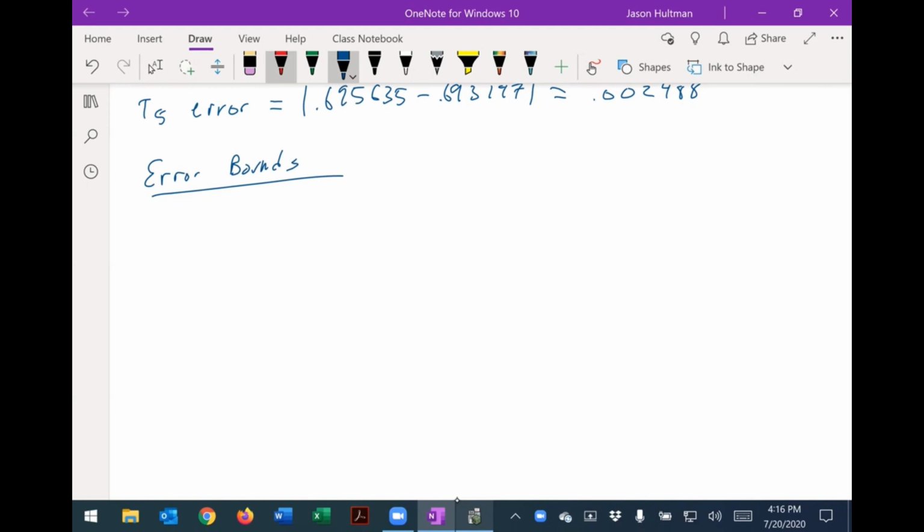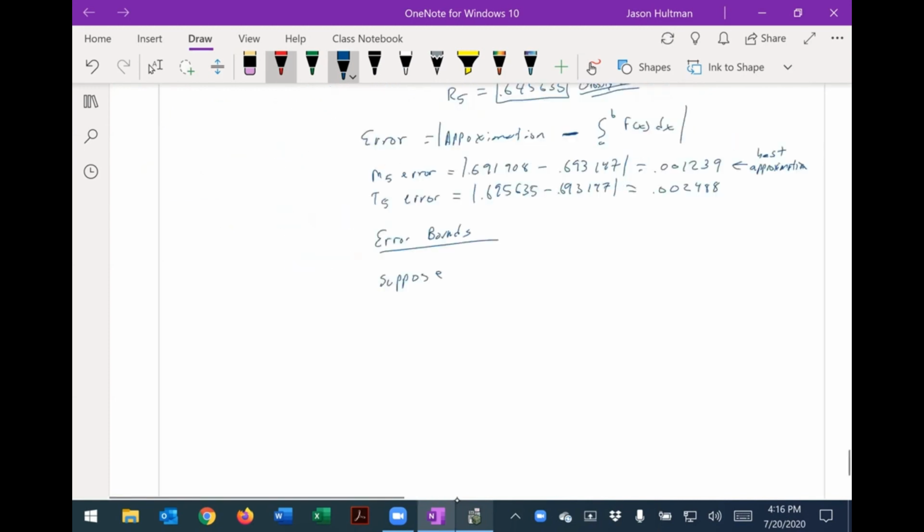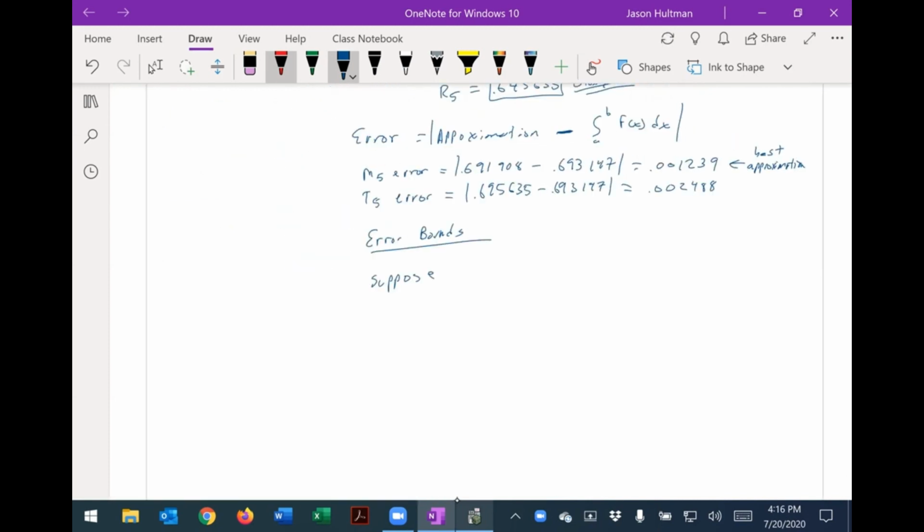Keep me going here. Let's look at the error bounds. I need to zoom out. Suppose that my eraser works. Somebody not muted?